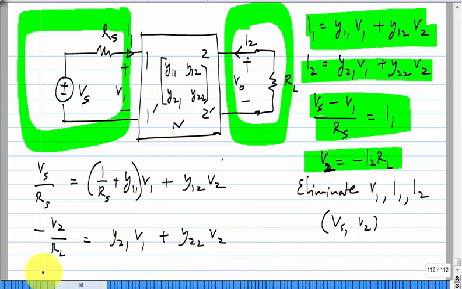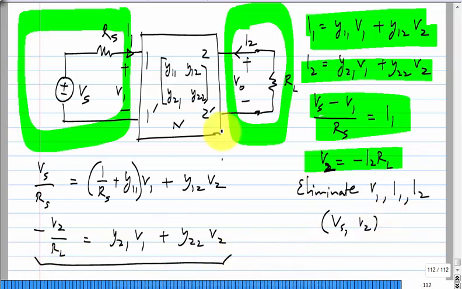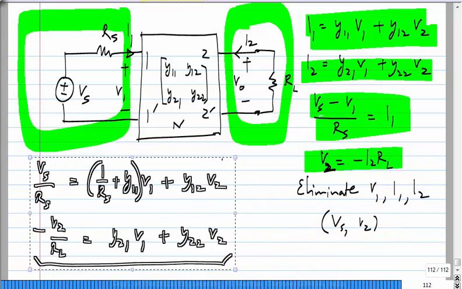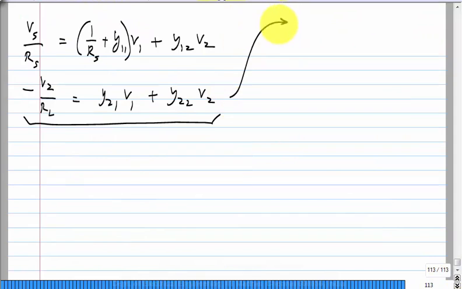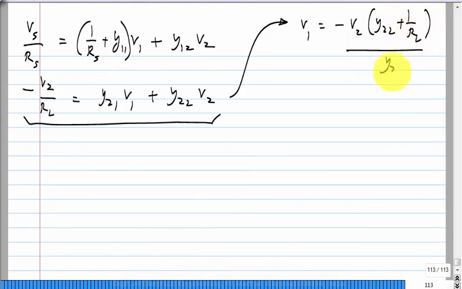So from here you will get, so it tells you that V1 is minus V2 times Y22 plus 1 by RL divided by Y21. Is it correct? All I did was take it to this side. So now we can eliminate V1.